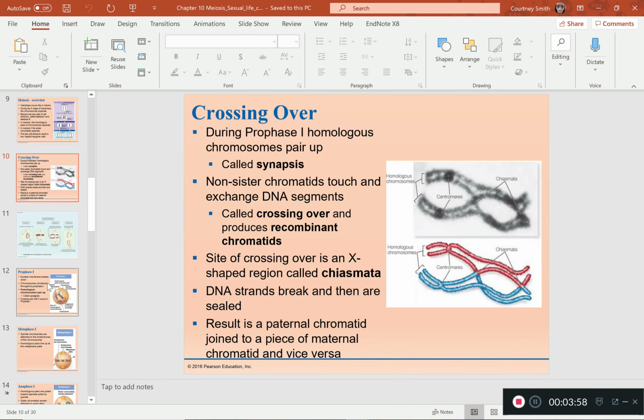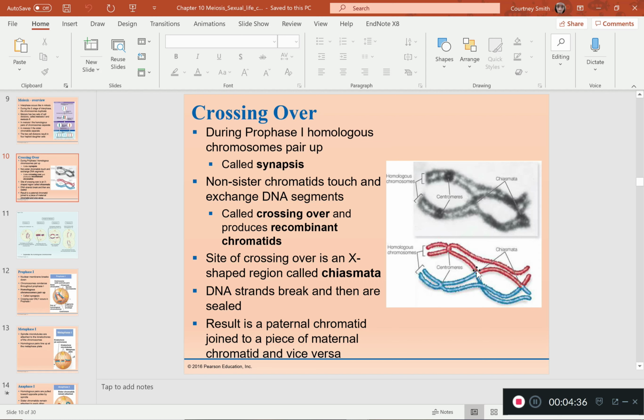Crossing over, like I said, happens in prophase 1. This is where the homologous chromosomes pair up. One chromosome will find its homologous chromosome, and together they form one homologous pair. Whenever that happens, the non-sister chromatids, meaning 2 different chromatids, touch at the chiasma, or chiasmata.